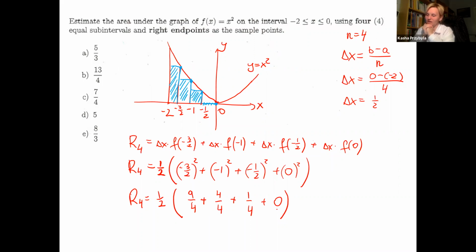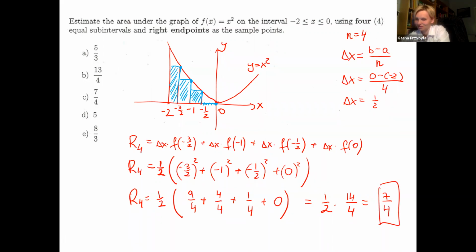Then we have 9 plus 4 plus 1, 14, over 4, and times half. It is 14/8, which I can say is 7/4.